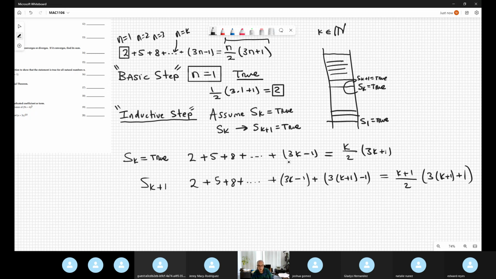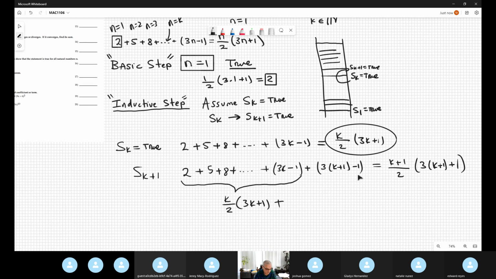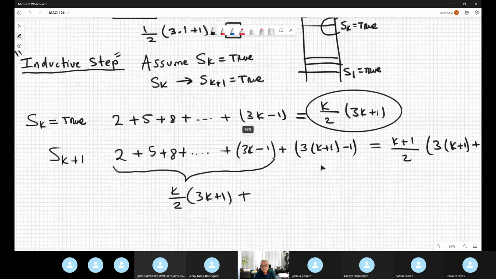But the assumption we are doing was that this part is equal to this, which is k over 2, 3k plus 1, plus this. And now algebra. You distribute the property here. So 3k plus 3 minus 1, that is plus 2.